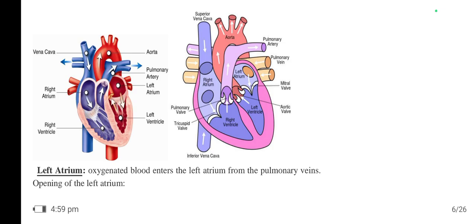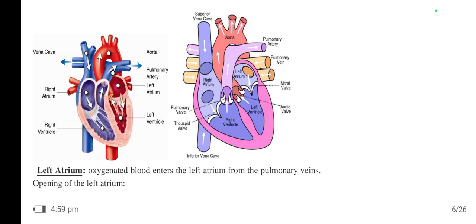The pulmonary artery carries deoxygenated blood into the lungs, and after oxygenation it enters via the pulmonary vein through the left atrium into the left ventricle, and from the left ventricle to the aorta and all parts of the body.